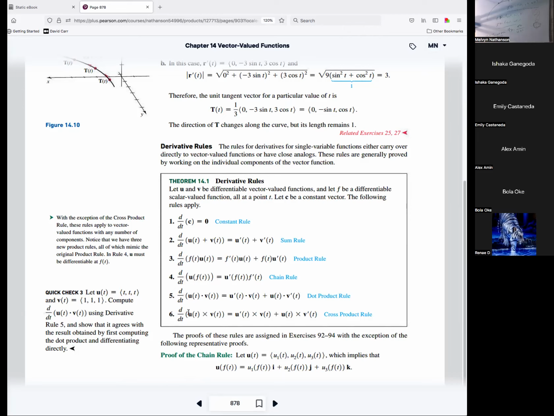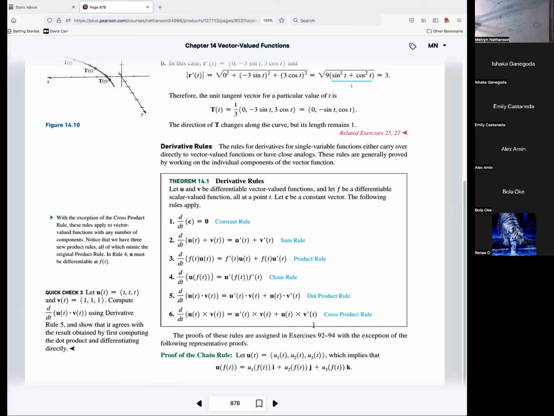And what is very nice is the product rule works in exactly the way you would expect for the dot product of two vector functions and the cross product of two vector functions. So the derivative of the dot product is the dot product of the derivative of u with v plus the dot product of u with the derivative of v. And the analogous formula is true for the vector product of two functions.